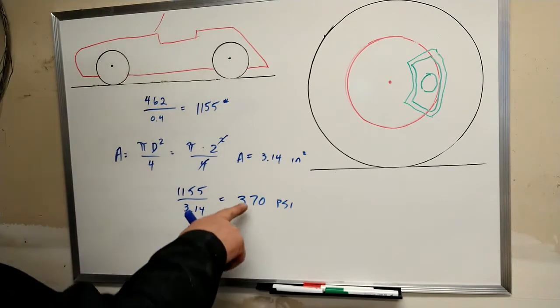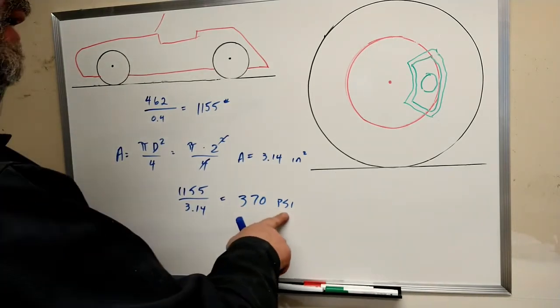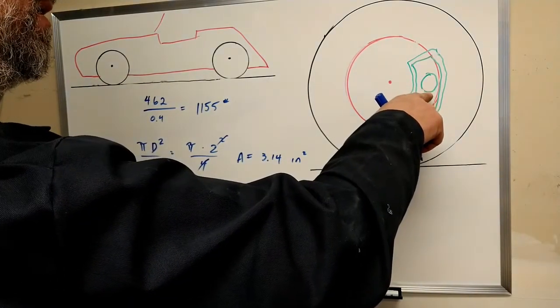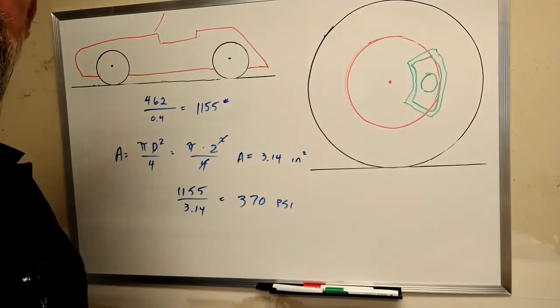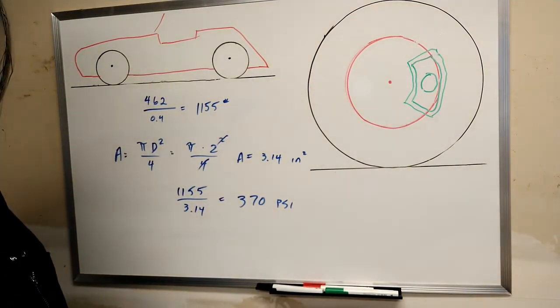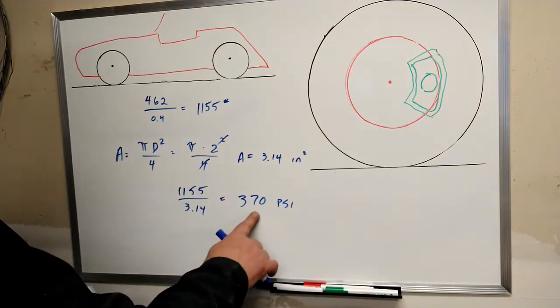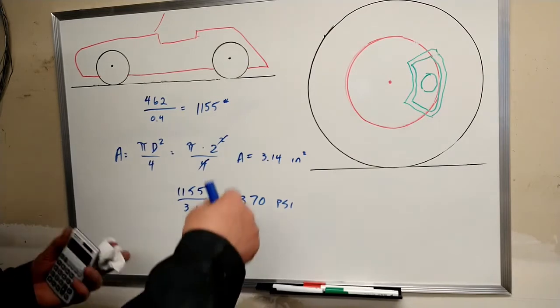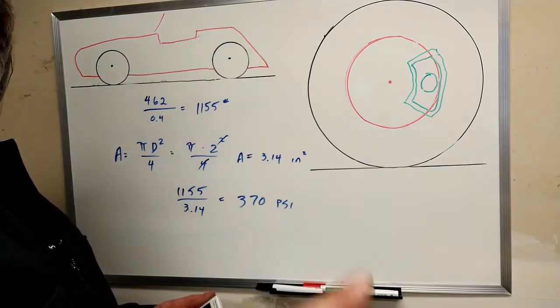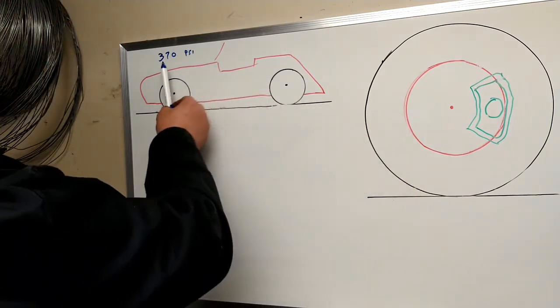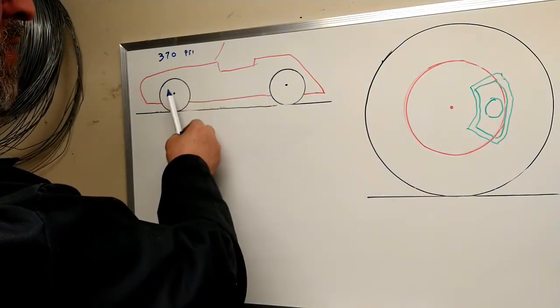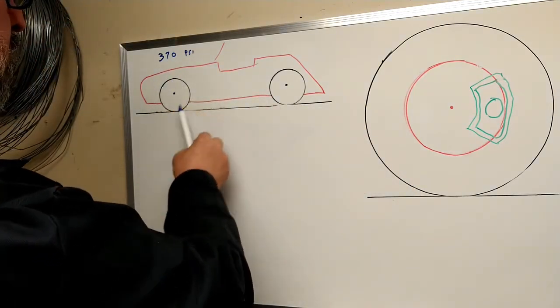So 370 pounds per square inch on that caliper will stop that wheel when you're braking. That's the maximum psi we can put on that with those tires and those conditions. So we've determined that 370 psi on these front calipers is going to start to lock those wheels up.